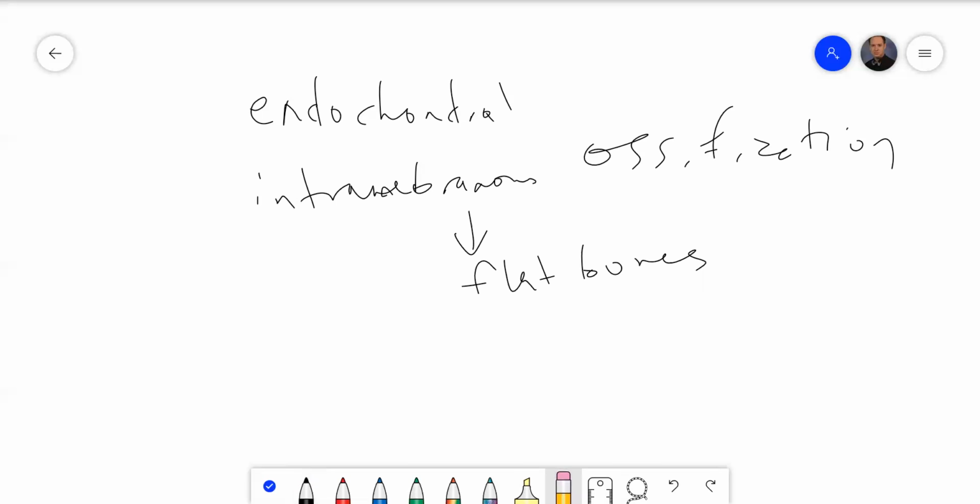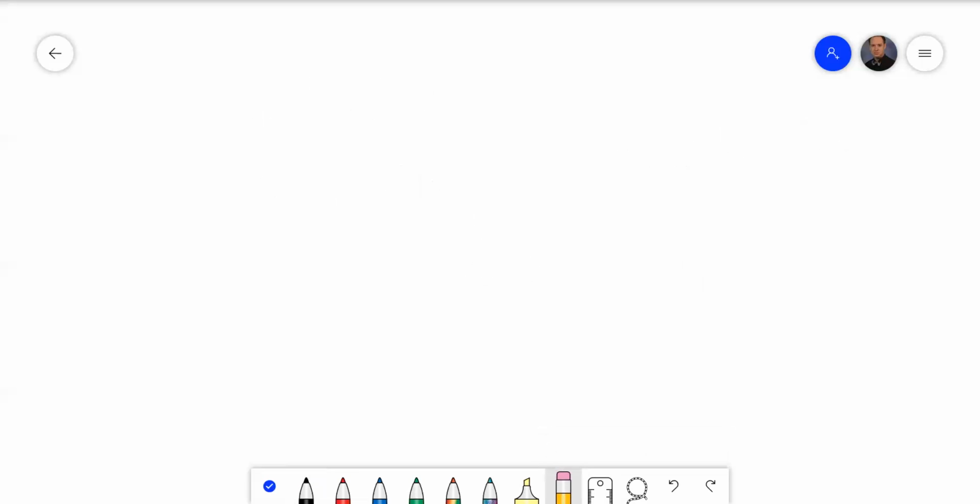So one of the things about cartilage is that because it is avascular, it has to be very thin. So you start with this sort of cartilage model, and the chondrocytes in the middle will start to die. And that's going to trigger blood vessels to move into this area. And that's going to bring more nutrients and oxygen to take care of those cells in the middle.